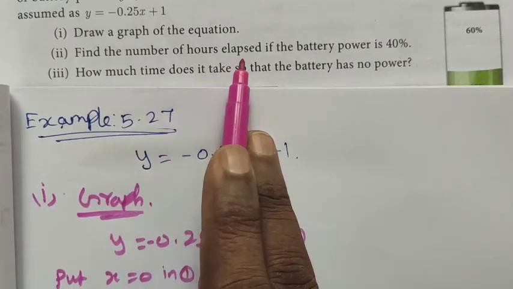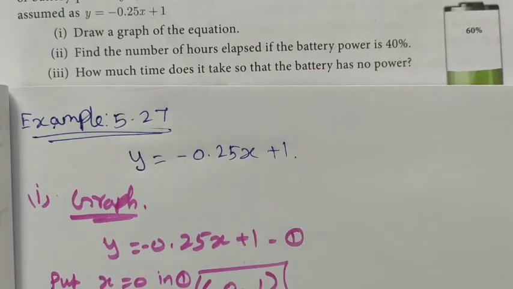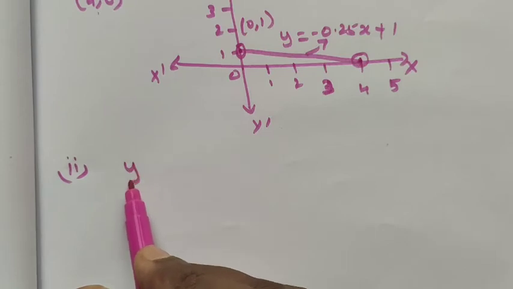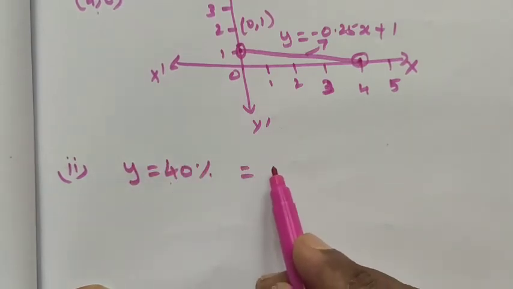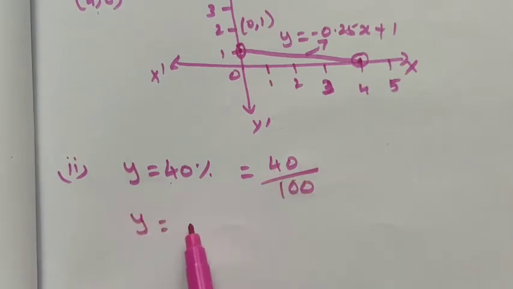Find the number of hours elapsed if the battery power is 40%. That is y is equal to 40%. The battery percentage is y, that is 40%. Percentage means we know that it is 40 divided by 100. If I divide this, we get y is equal to 0.40.